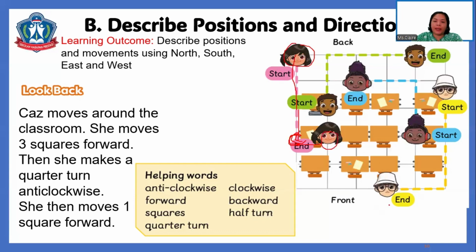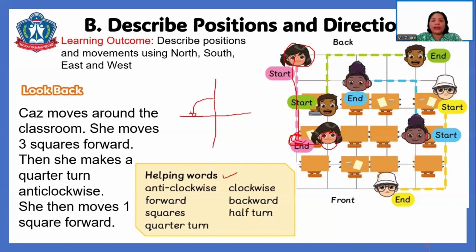Okay, so these are our helping words, children. We have anti-clockwise. Anti-clockwise means the opposite direction of the hands of the clock. If you are here and you say anti-clockwise, you go in that direction. This is a quarter turn, anti-clockwise.